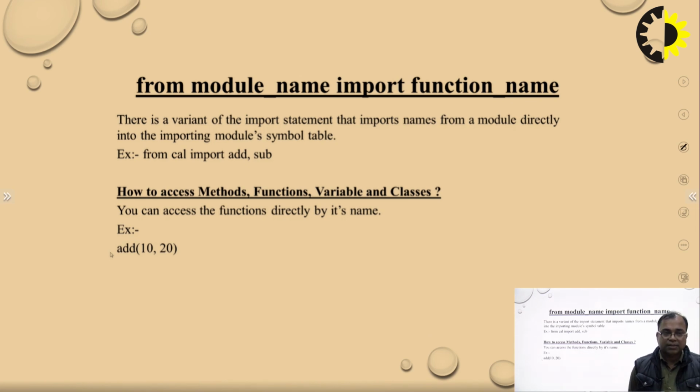So how to access the method, function, variables and classes? You can access the function directly by its name. We need not write anything else, we can just call the function. Suppose there is an add function in your module, we can write add, and it can add the two numbers 10 and 20 directly.